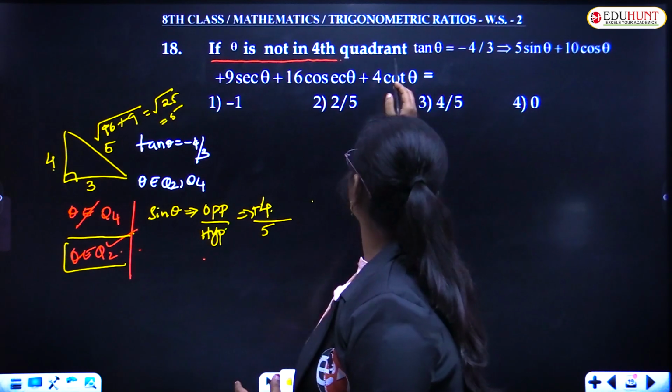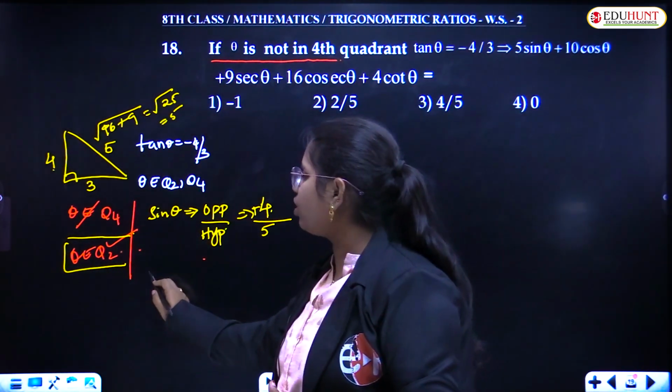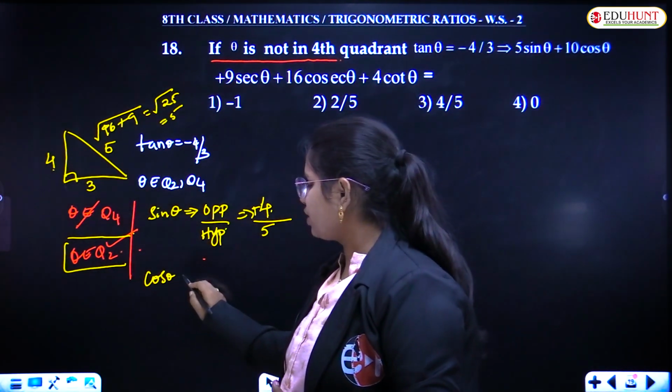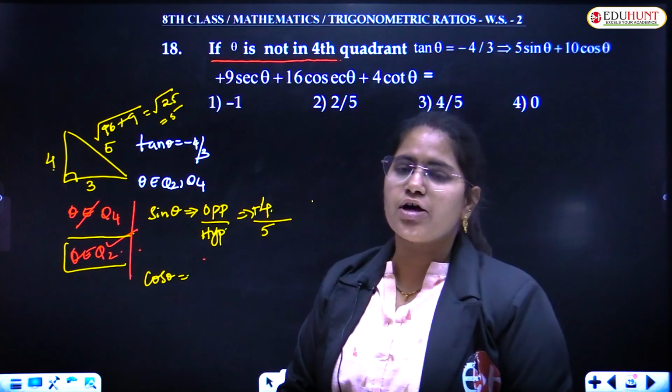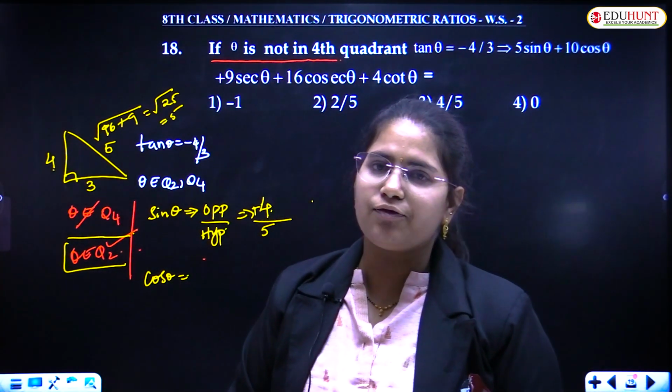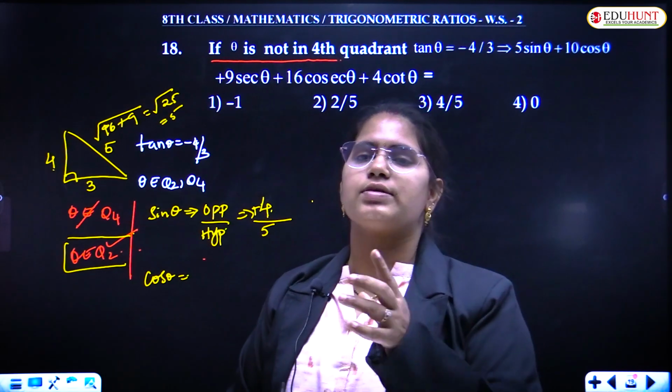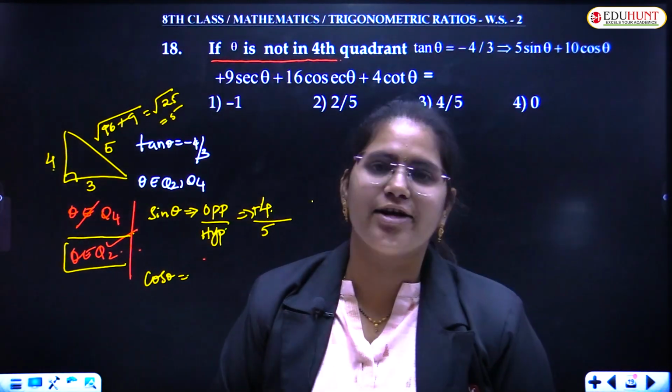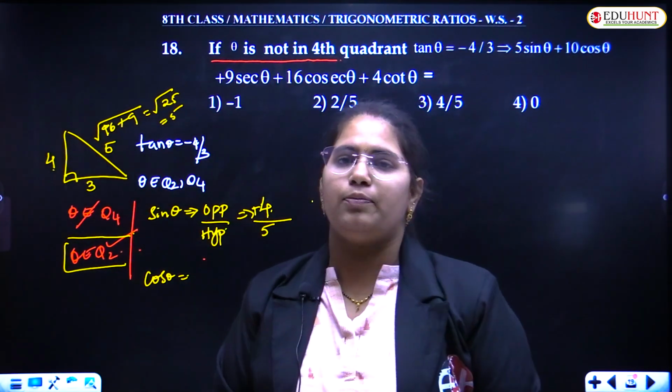Next, we need to find the value of cos theta. How is cos theta defined? Excellent. Cos theta is defined as adjacent upon hypotenuse.